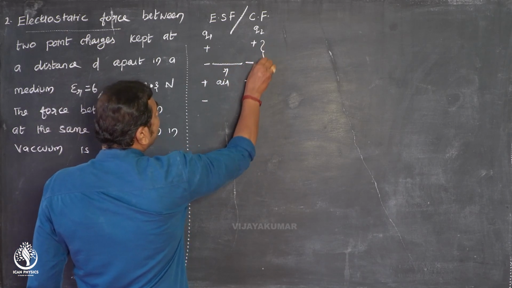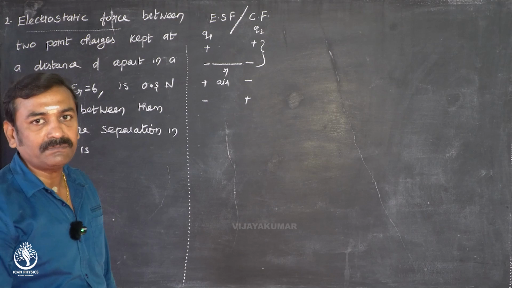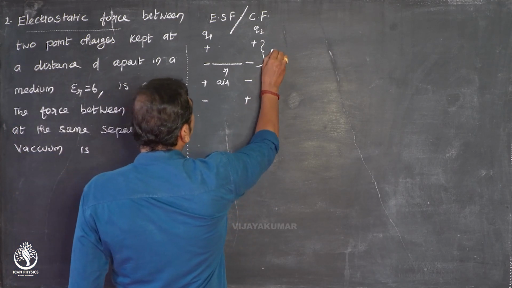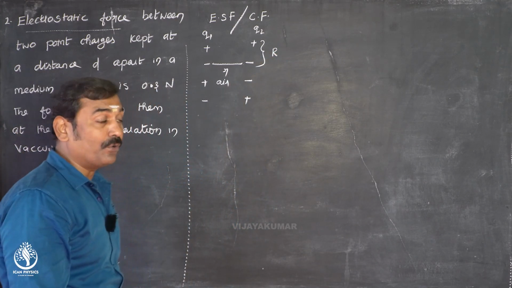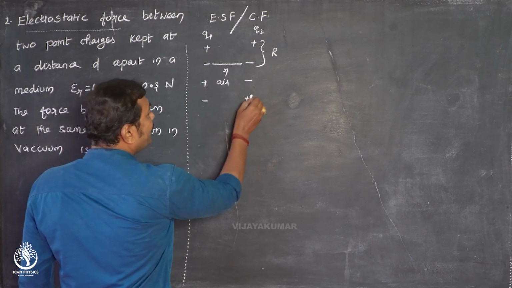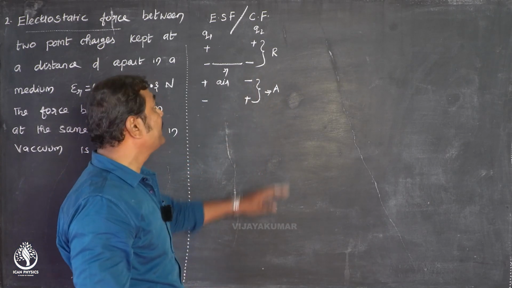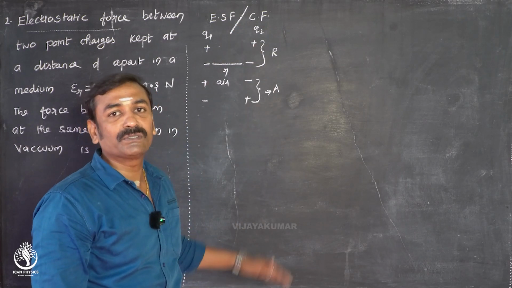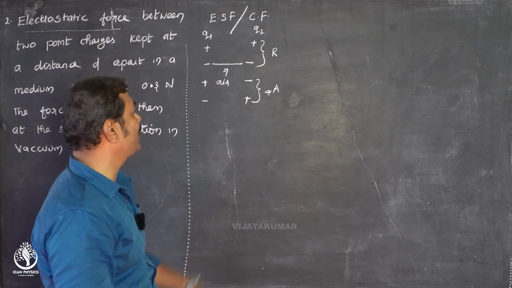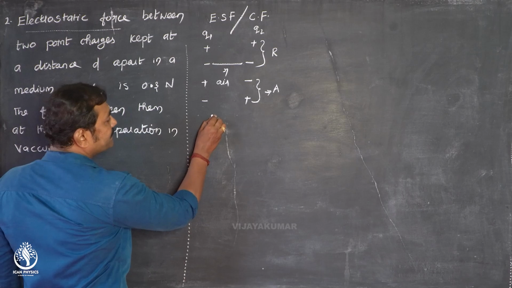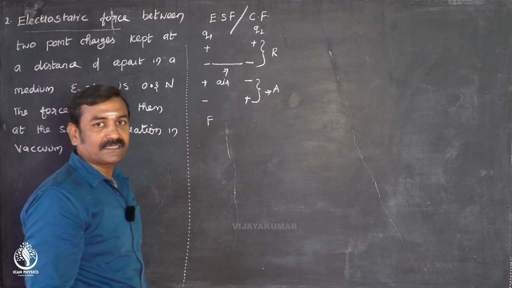First, these two charges, positive and negative, experience an attractive force. Then positive and positive experience a repulsive force. That force was given by Coulomb, so it is called the Coulomb force. So these 2 point charges experience the force.